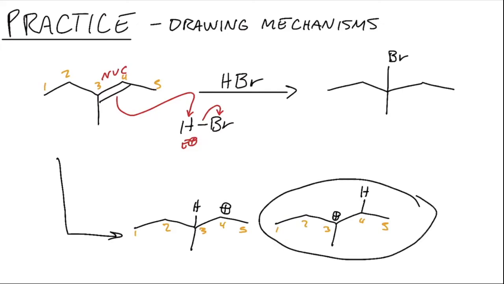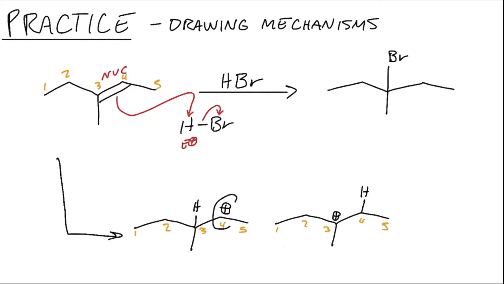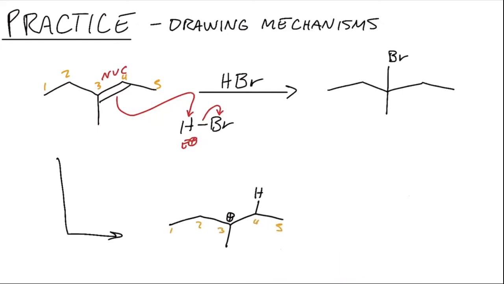So that means that this one with the carbocation on carbon number 3 is more stable because this is a tertiary carbocation, not to be confused with the fact that it's carbon number 3. That numbering is arbitrary. But this one over here only has 2 carbon groups around it, so that is a secondary carbocation. And that's fine. It could happen, but it's just not the best. We want only the best. So there's our carbocation there.